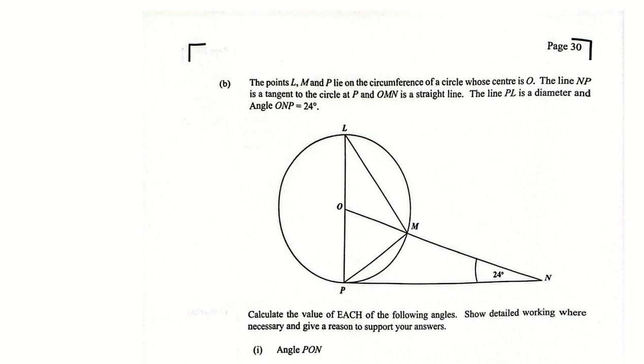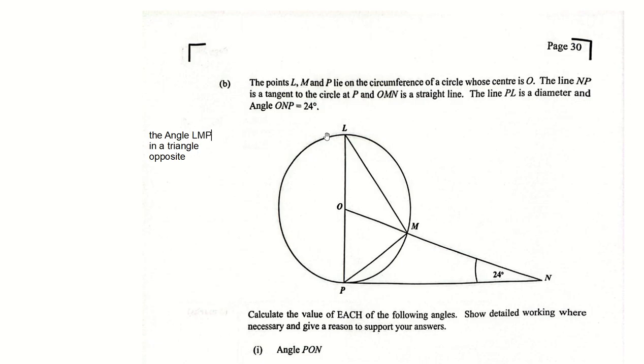Show detailed working when necessary and give reasons to support your answer. Now, when I look at things like this, the first thing I like to do is type out all my rules that I could determine from this. So first things first, the angle in a triangle opposite the diameter. The angle I'm talking about is LMP.